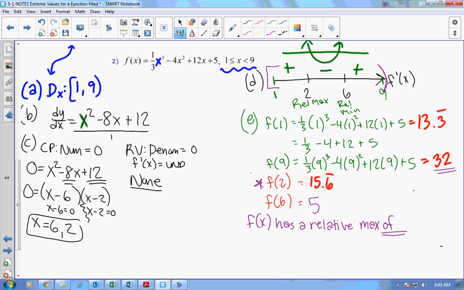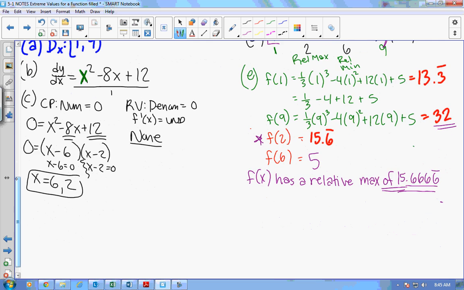This is the relative, of 15.6 repeating, or did you have the fraction 47/3? Let's do 4 decimal places though. You can either put a bar over it, or you can leave it as the fraction 47/3. At x equals, what was the x value? 2, and you have to explain why you know it.